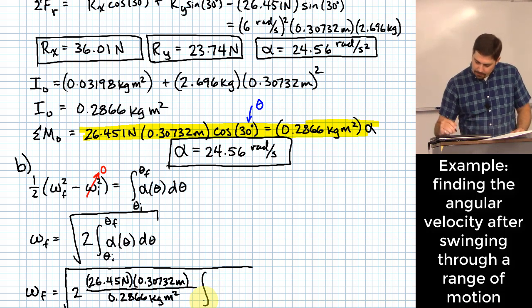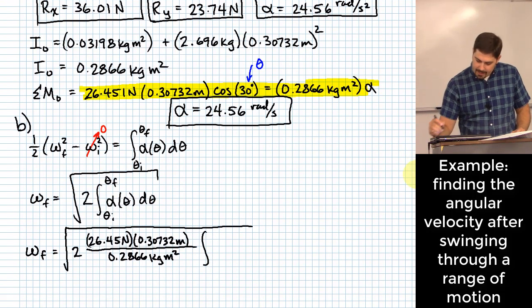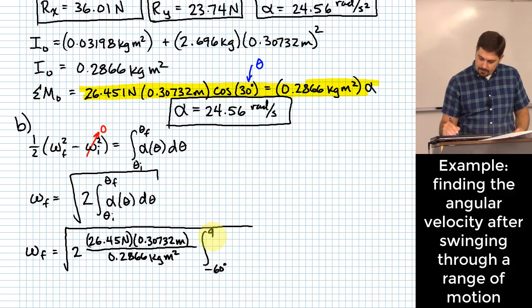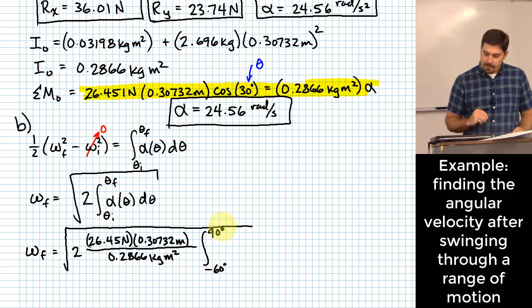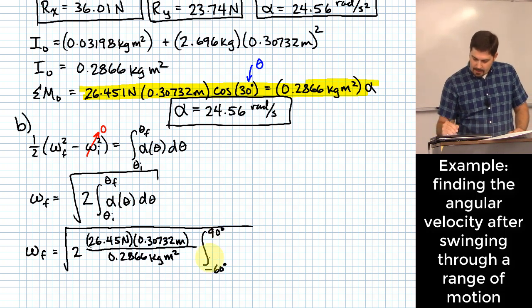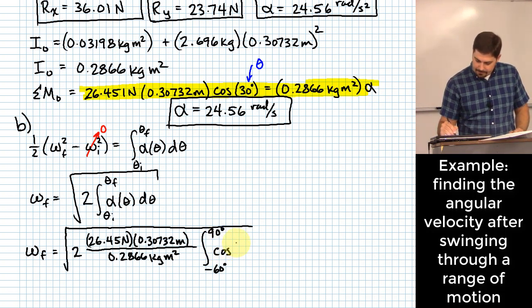times this integral from theta i. What's theta i? Negative 60 degrees up to 90 degrees, right? It's supposed to be going all the way down, times the cosine of theta d theta.